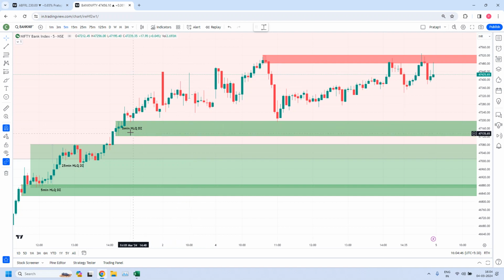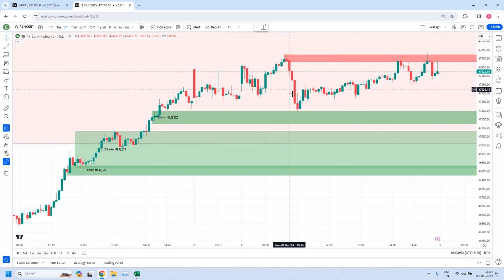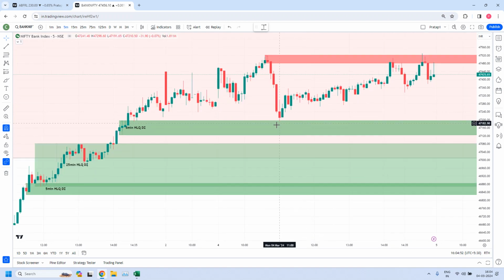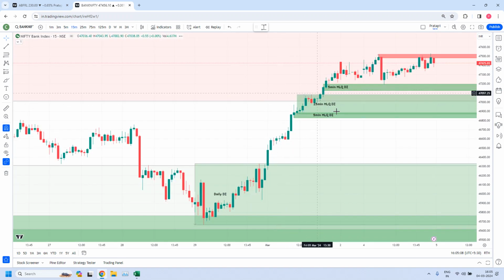The available high liquidity zone is a 5 minutes high liquidity demand zone. Today prices reached here and it gave an entry, and then see how the prices are pushed until the next 15 minutes zone. This is a 5 minute zone and also a 15 minute zone. Let me shift to the 15 minutes time frame.